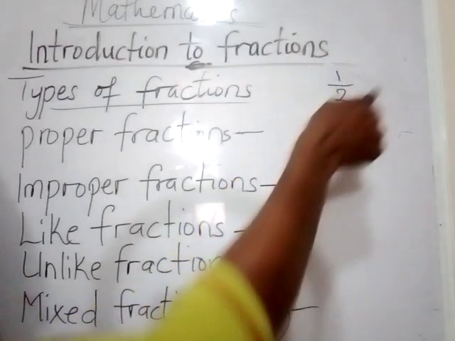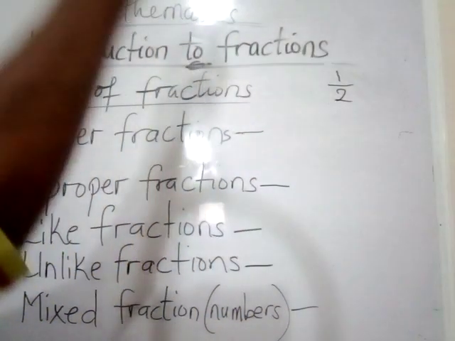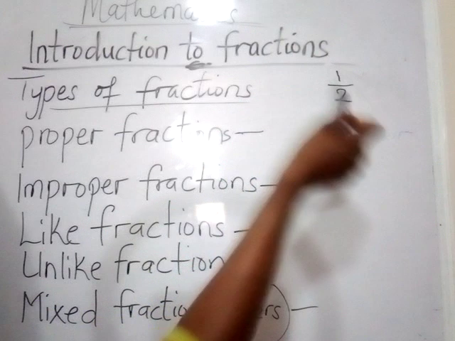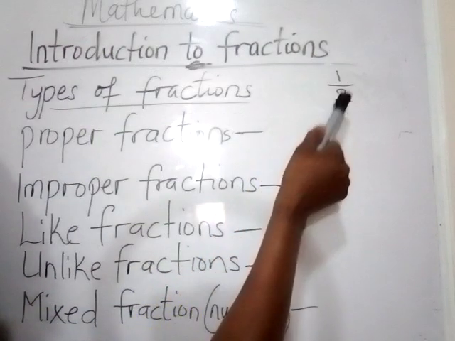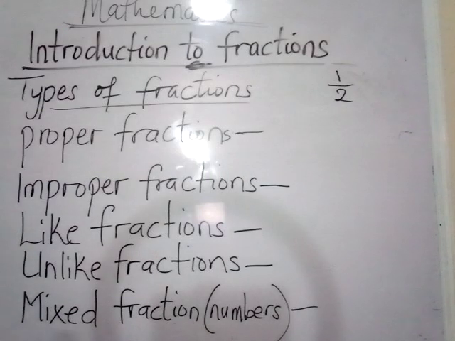So when you see the upper number smaller than the number beneath, it is a proper fraction. That is, when the numerator is smaller than the denominator, the fraction is a proper fraction. It's in the correct order. Now here is the way I help my kids to remember this.